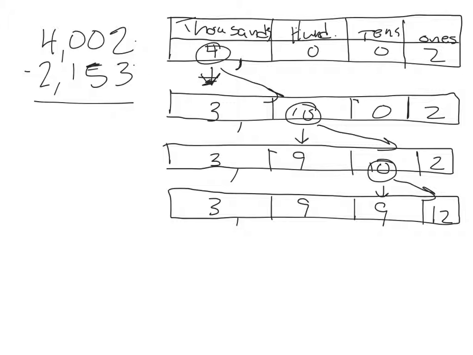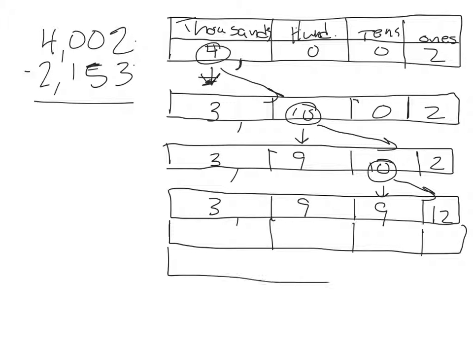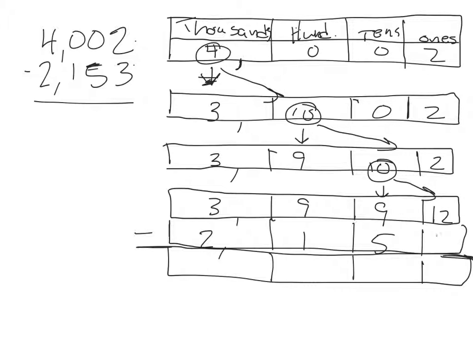So now this is at a point where I can add my other number down here to the place value chart, and then just subtract the places. And I'll put in a row for my answer. Alright, so the number down here is 2,153.